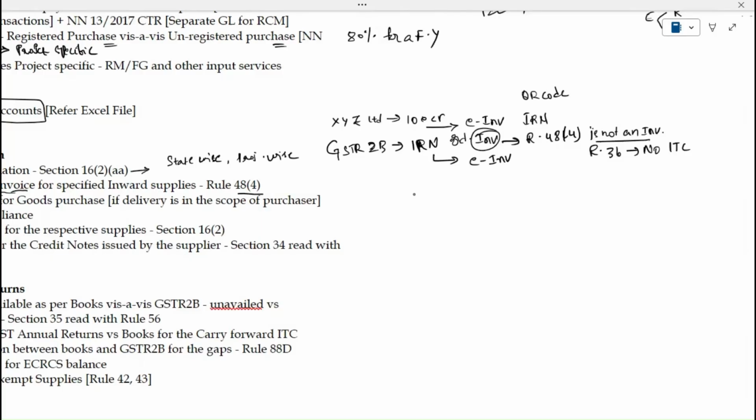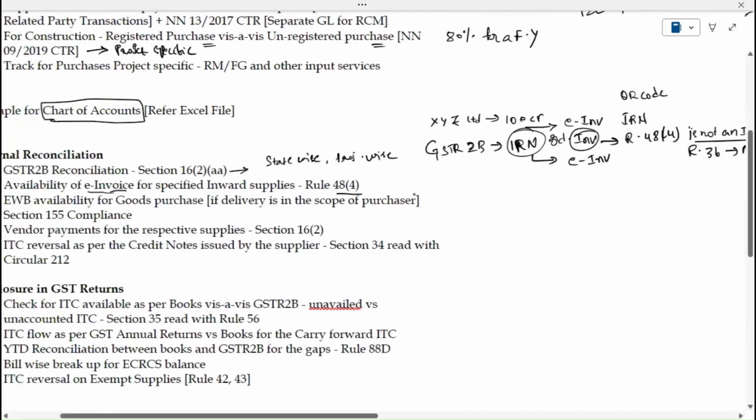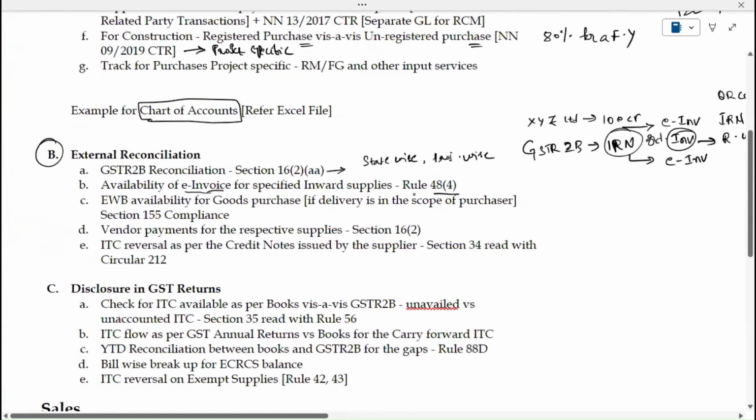If e-invoice is not enabled, I'm safe. If e-invoice is enabled, but the vendor is not giving this IRN, then no input tax credit. This is your external reconciliation. That means I have received a tax invoice, and I'm going to verify whether this has got IRN or not.